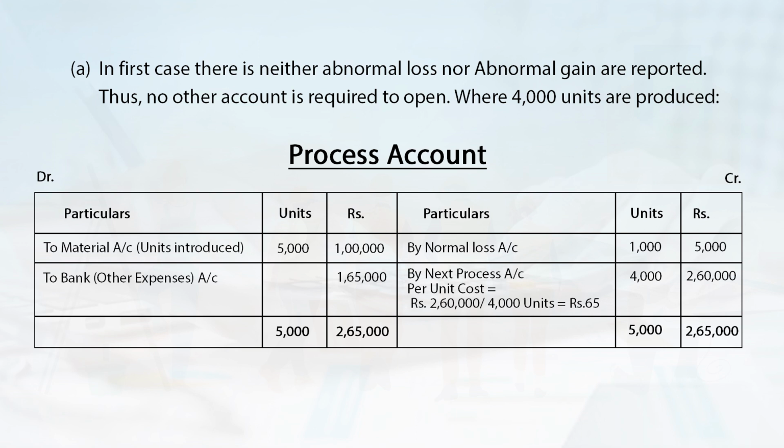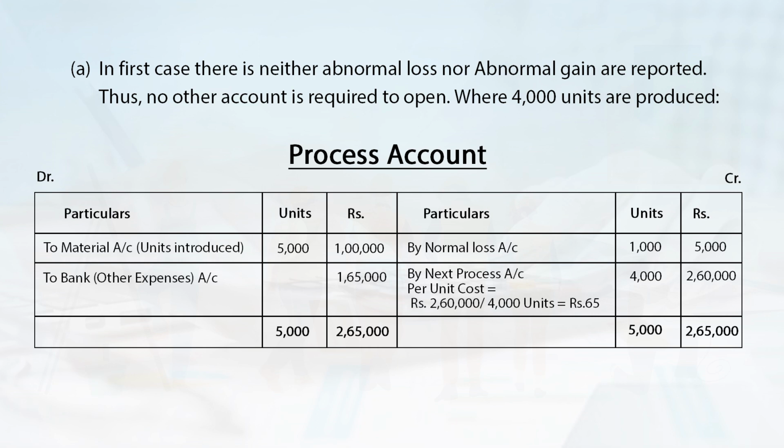So, to material account, units introduced 5000 units and its value is rupees 1 lakh, and to bank account for other expenses as given in example rupees 1,65,000. Therefore, total of debit side is 2,65,000 rupees with 5000 units.